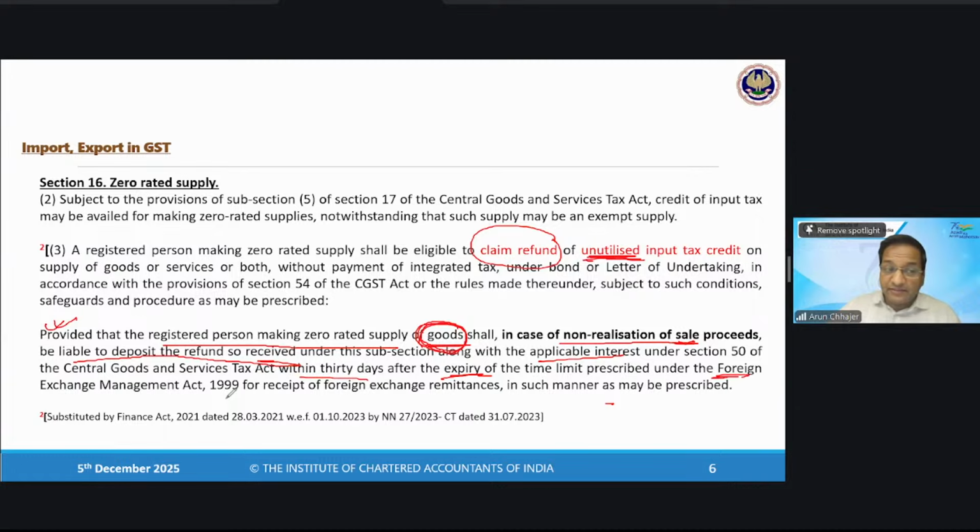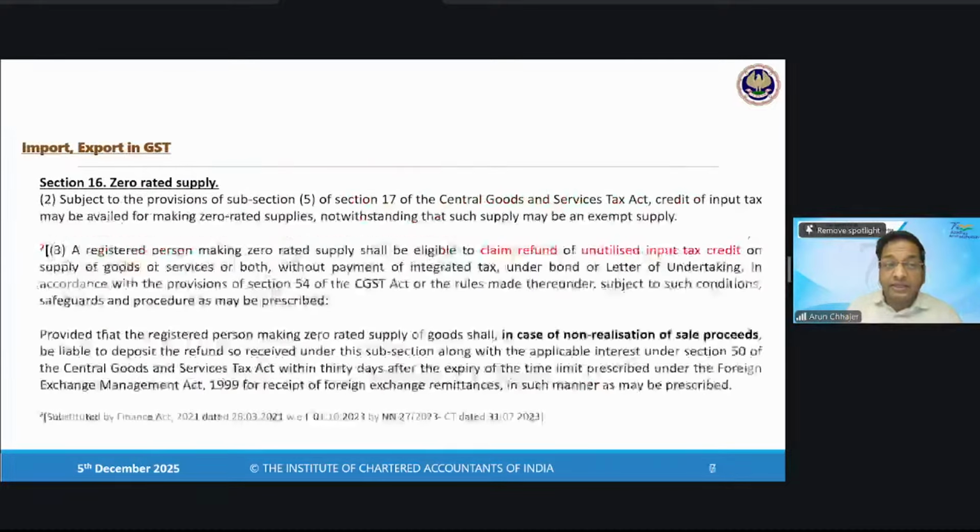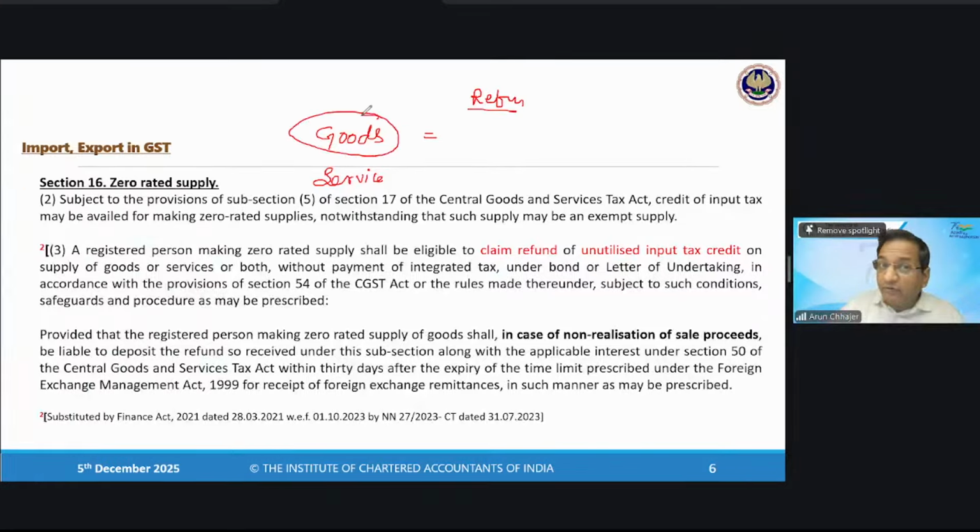It means one important question: if I'm talking about export of goods, and if I'm talking about export of services, in this case, can I take the refund before realization of the foreign currency?